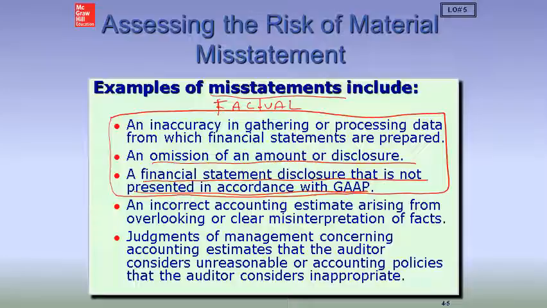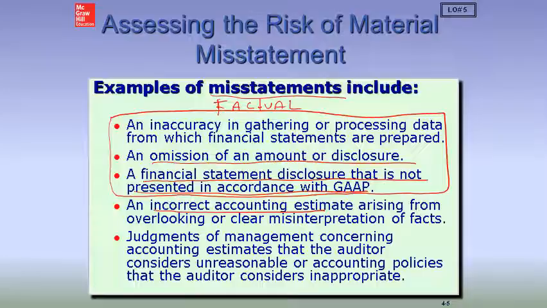Now, some misstatements that we come up with come from an incorrect accounting estimate. Well, we don't agree with management's estimate. Management has determined, for example, that an asset will have a 10-year life, say for a truck.